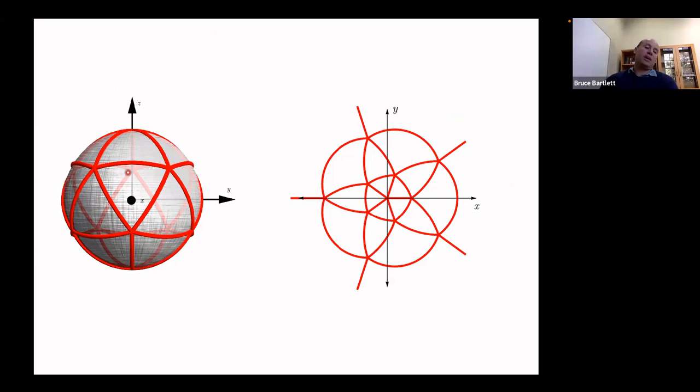So here's my round icosahedron. If I stereographically project it onto the complex plane, it's going to look like this. And I'm going to work interchangeably with these two points of view.